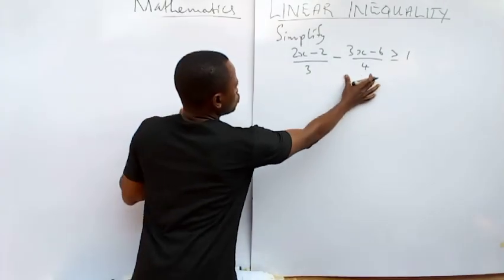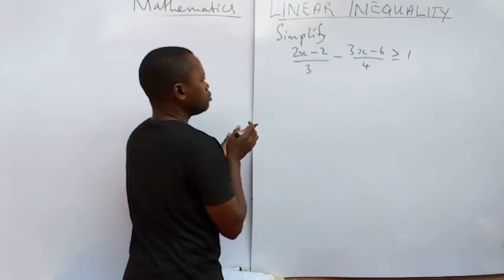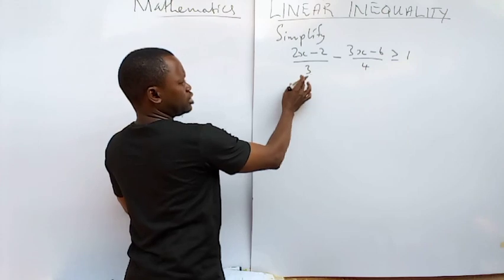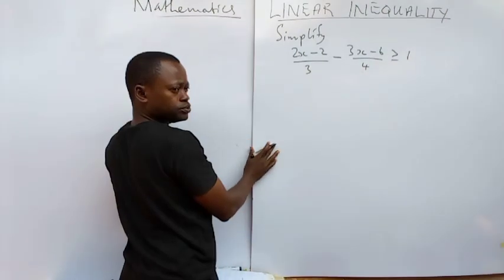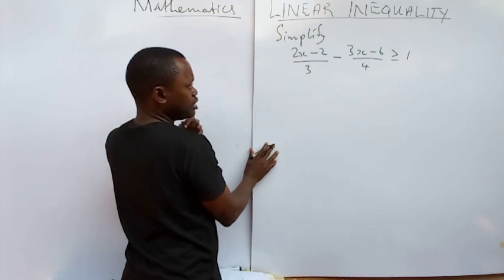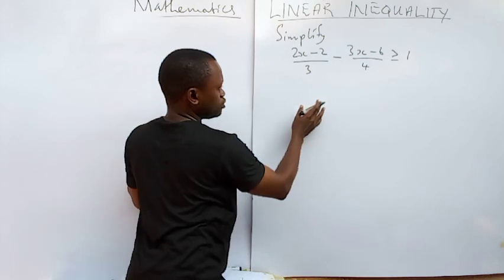This question is given to us to simplify and possibly present the answer on the number line. The first thing we are going to do here now is to find the LCM of the denominators and use it to multiply through. We'll find the LCM of the denominators. The LCM of 3 and 4 is 12.